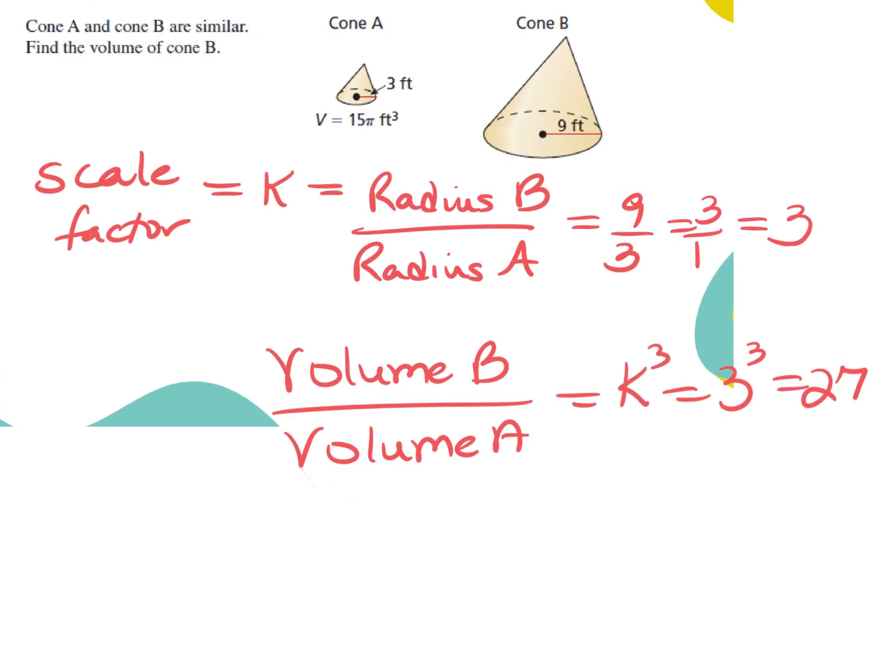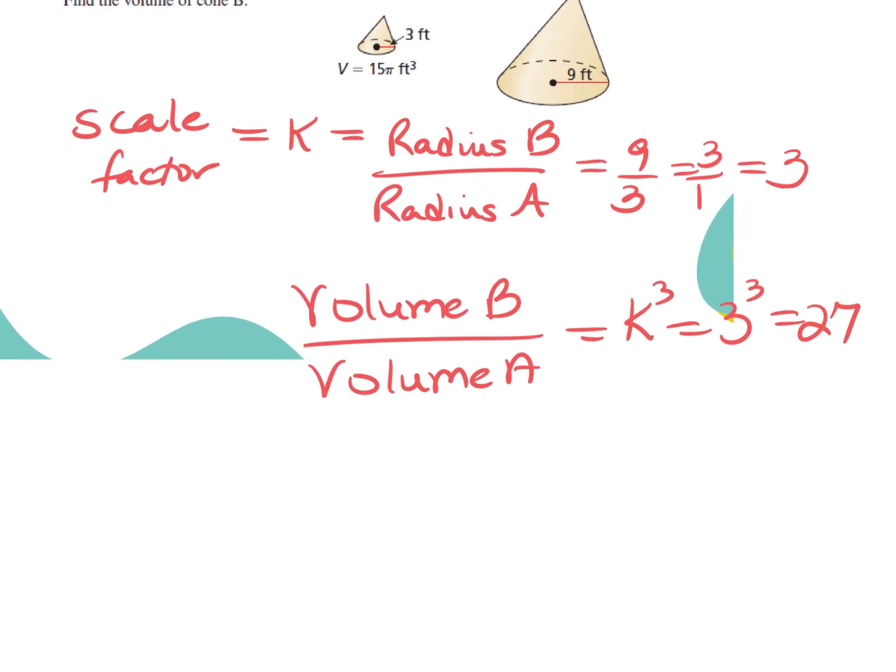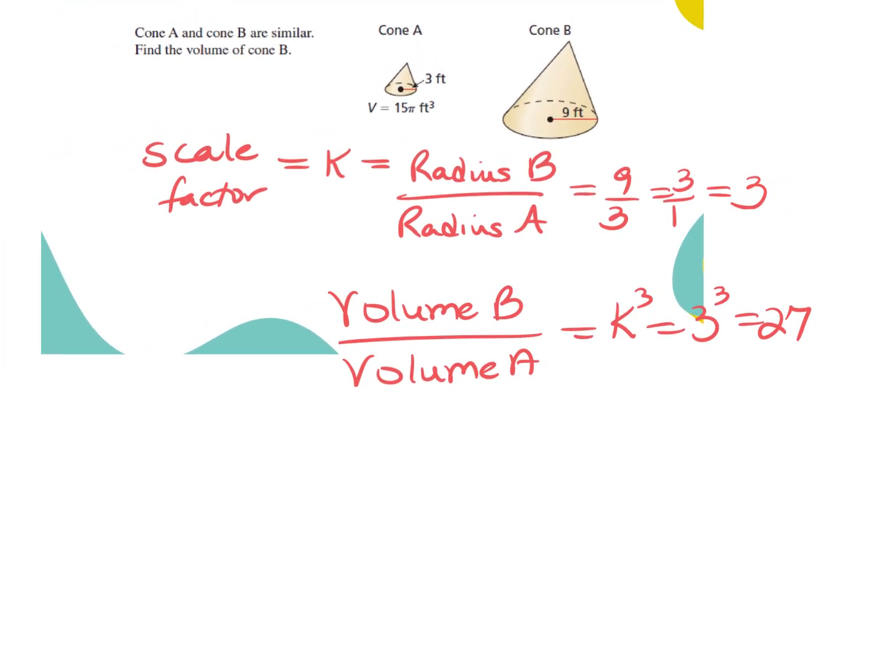So then we would be using 27. But what I like to do is put it into a proportion. So I'm going to take my radius of B over A, so 3 over 1, I'm going to cube that. And then I'm going to take the volume that I'm looking for, that'll be my variable, and then the volume of cone A will be 15 pi.